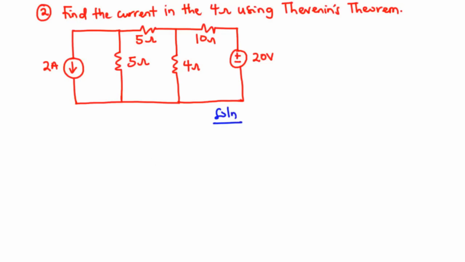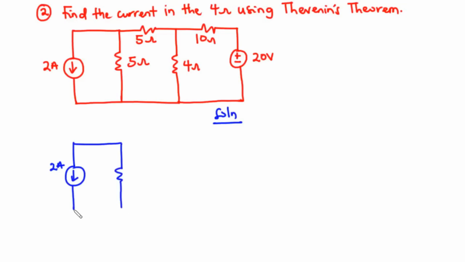Now let us take the next example. For the previous example, we had two voltage sources, and in this example we have one voltage source and one current source. Now let's find the current flowing through the 4 ohm resistor using Thevenin's theorem.